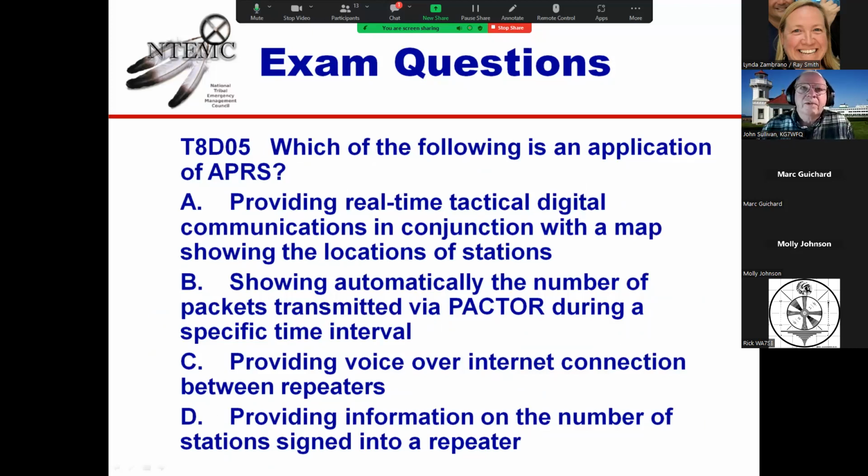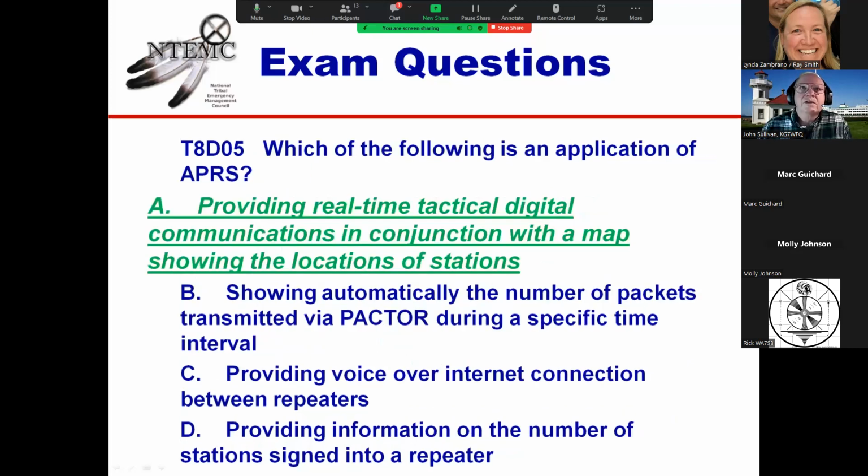Providing information on the number of stations signed into a repeater. I'm not sure what that's supposed to be. The answer is A. Providing real-time tactical digital communications. The slide had a nice pretty map with locations of different APRS radios that were transmitting.